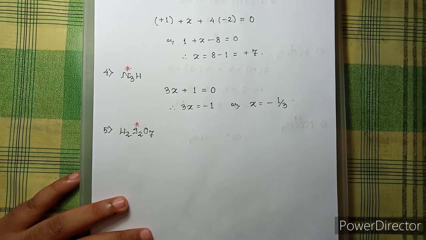The next example is pyrosulfuric acid, which is known as oleum. Here we have to calculate the oxidation number of sulfur.